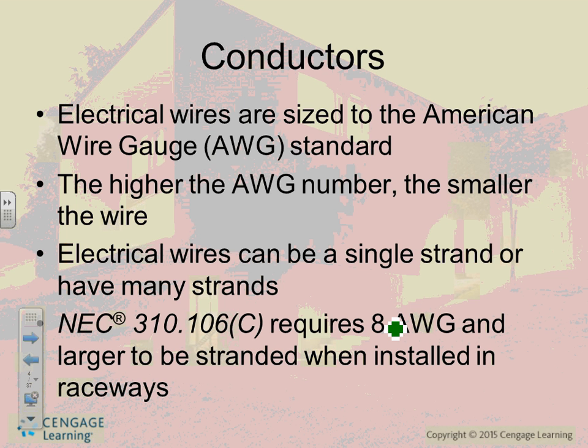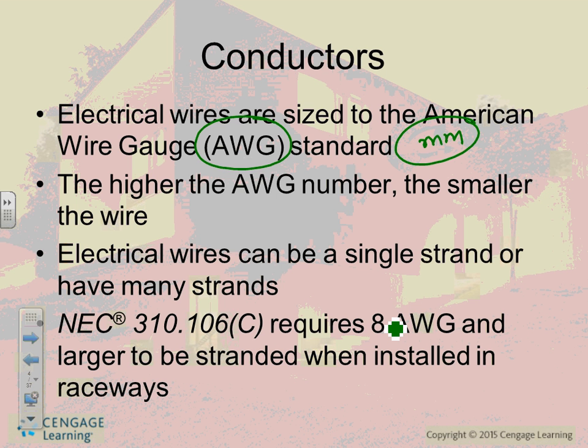So in the US, instead of millimeters, what do we use? The AWG. What does it stand for? American Wire Gauge. Any comments, guys? Any questions about the AWG versus millimeter? So it's important to know the AWG.